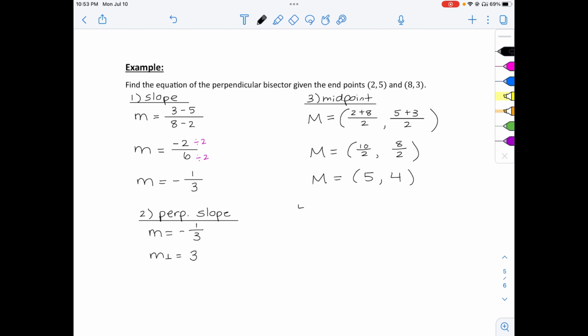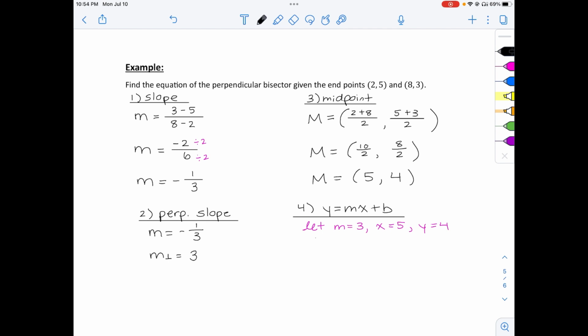So then my last step here is to make my equation, y equals mx plus b, and I'm subbing in the values that I know here. So I'm going to let m be 3, x be 5, I've been getting that for the midpoint, and y be 4. And then I am subbing all of those things in to find my b value.